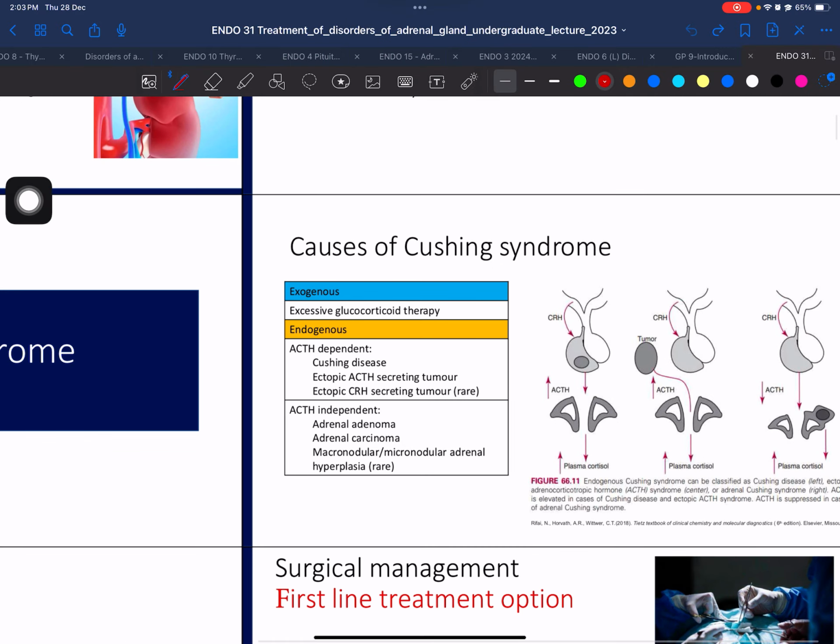So you resect the primary lesion. For whatever tumor there is, whether it's a pituitary tumor, ectopic tumor, or adrenal tumor, you resect it whenever possible, unless surgery is not possible.